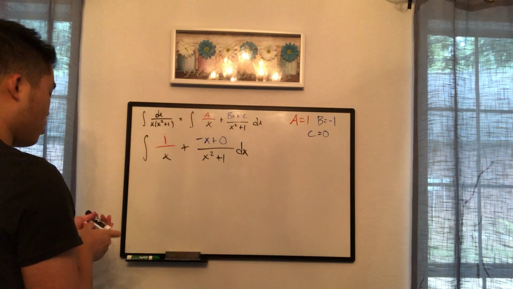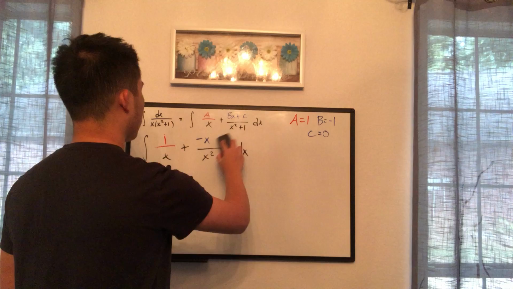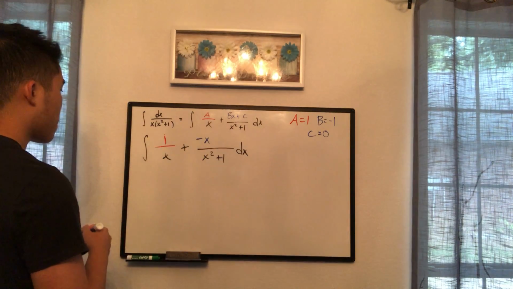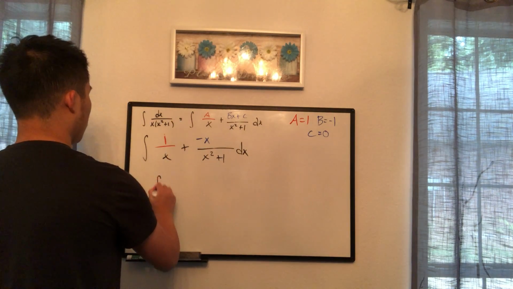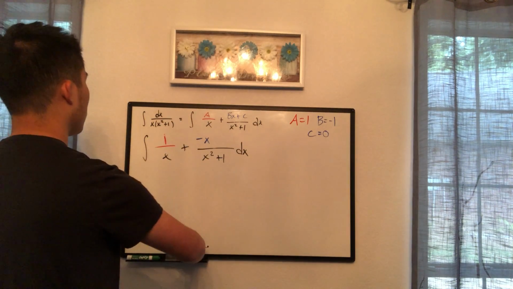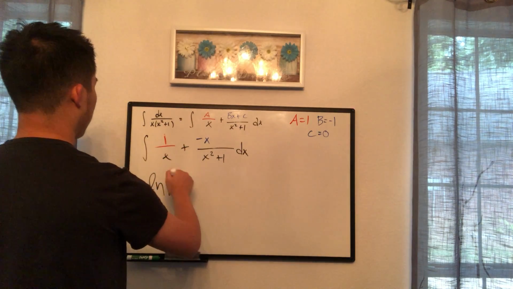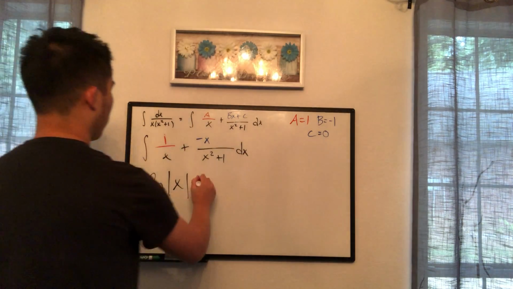Right, so then I'm going to erase the 0 because it's unnecessary. Then I'm going to anti-derive. So ln of absolute value of x is the antiderivative of 1 over x. You're going to go plus.